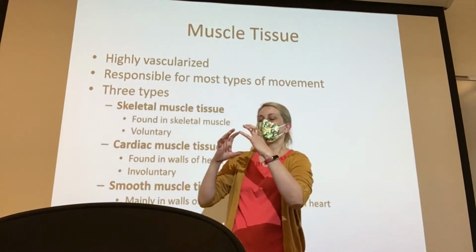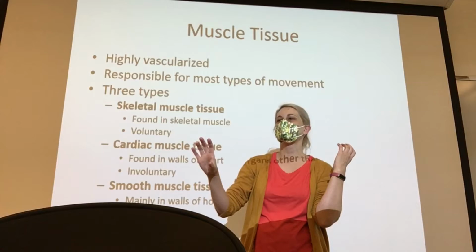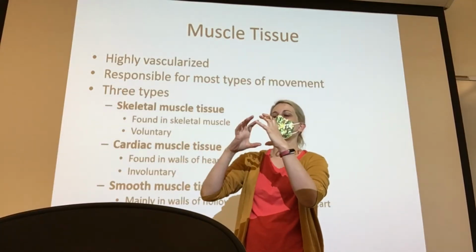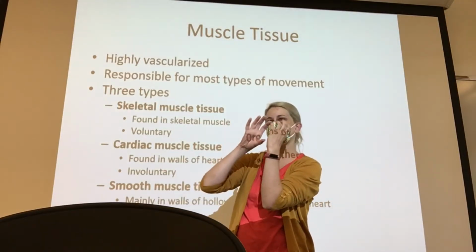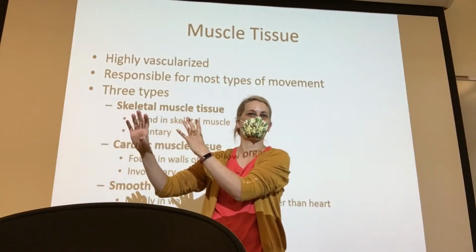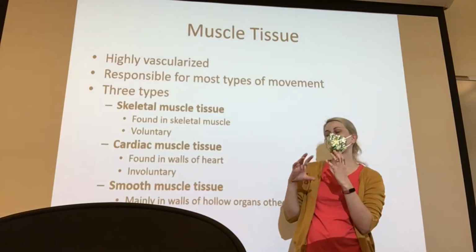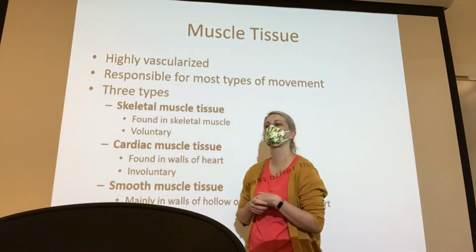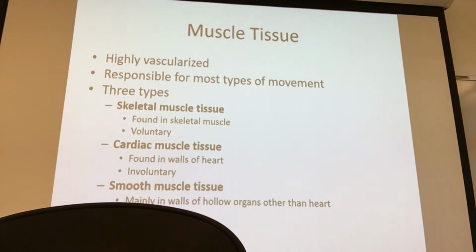You basically have these tubes throughout your body in different forms, whether they are ducts or digestive tubes or vessels, and they move things through by squishing them through with peristalsis, for example. And so smooth muscle is the tube lining of these hollow organs. It's also involuntary. You don't get to choose.